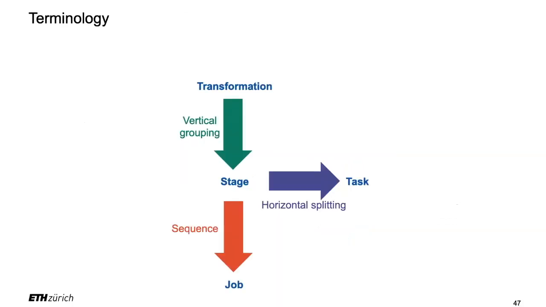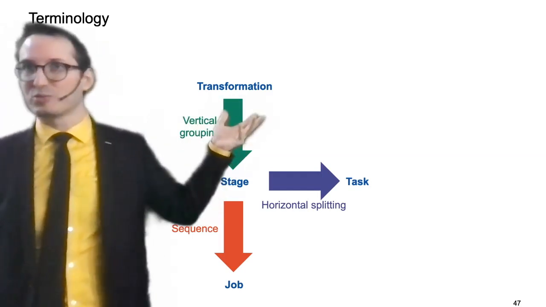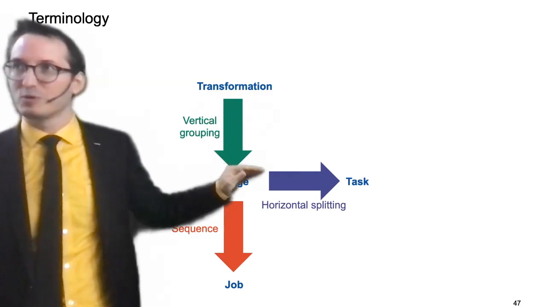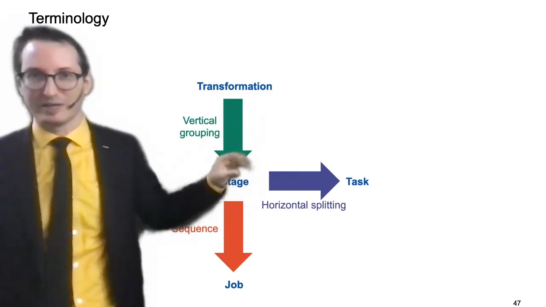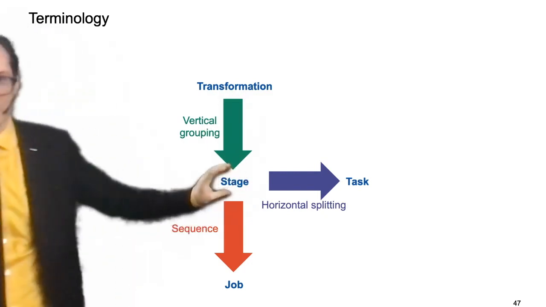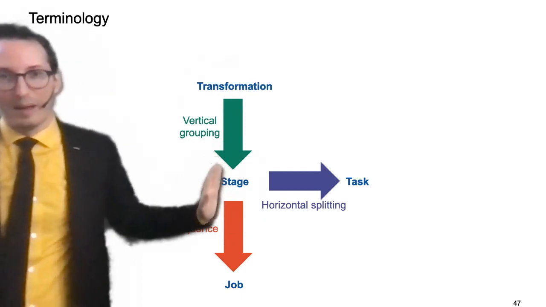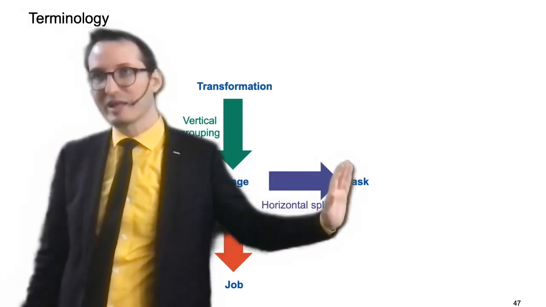Let's continue then. So now this is a summary to not confuse things because there are several words in there. So we saw that when you have narrow dependency transformations, you can squeeze them into a stage without shuffling in between, and then you don't materialize the intermediate RDDs, right? Only the input and final output of the stage. The stages, so this is like a vertical grouping, but the stages are split in tasks, just like MapReduce, right?